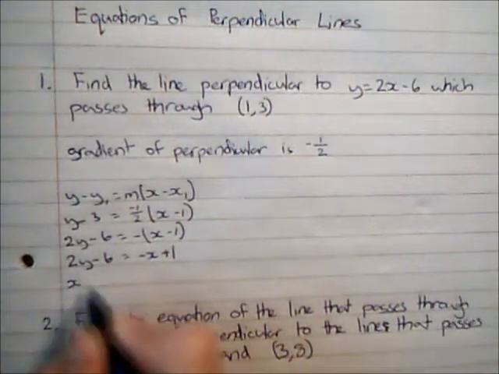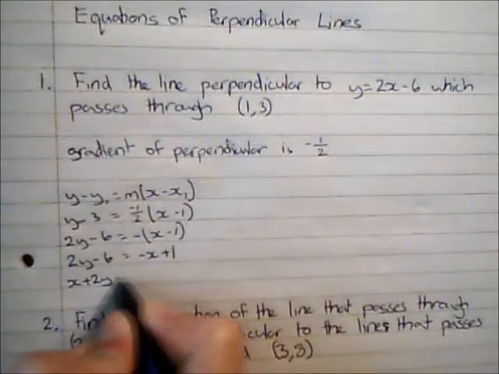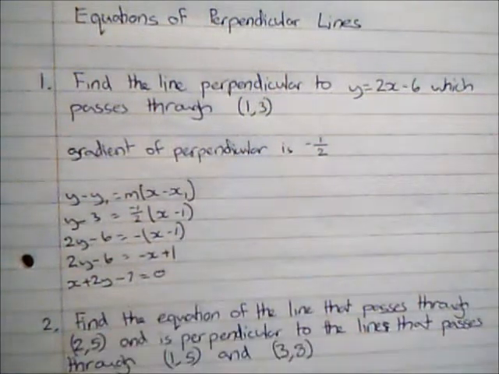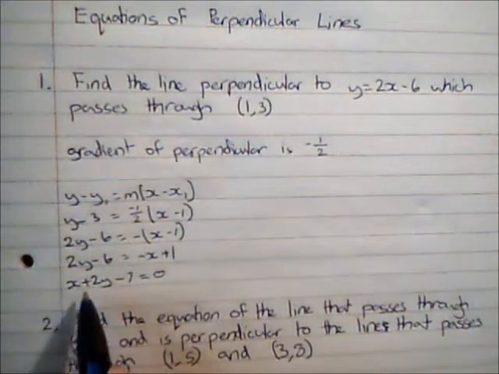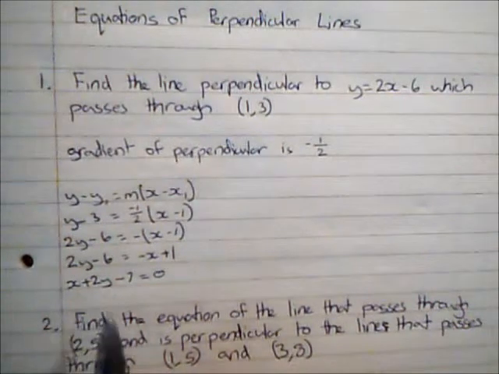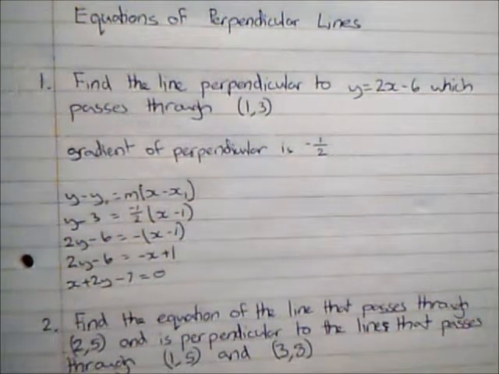So it's going to give me x plus 2y minus 7 equals 0. And this line is going to be perpendicular to the original line, and it passes through the point (1, 3).